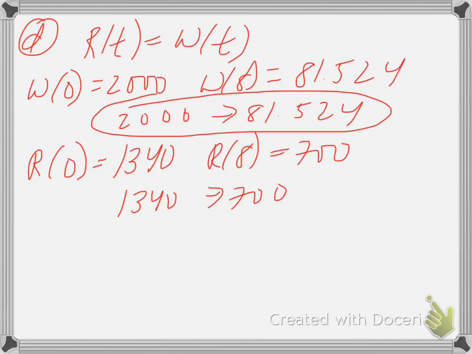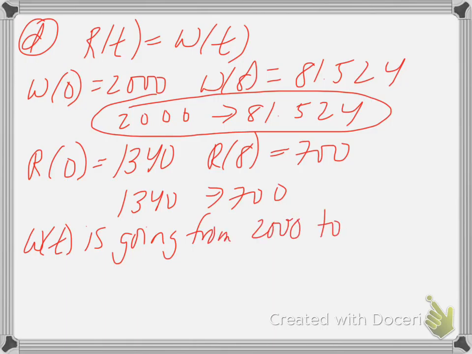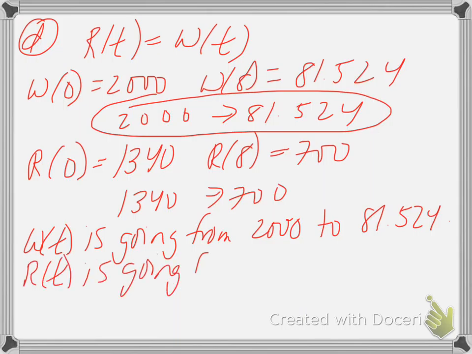So you're going to show all this work, and then you're going to say W of t is going from 2000 to 81.524. R of t is going from 1340 to 700.